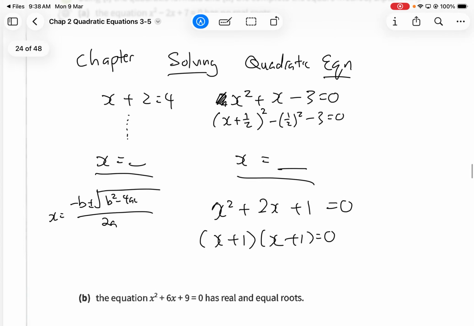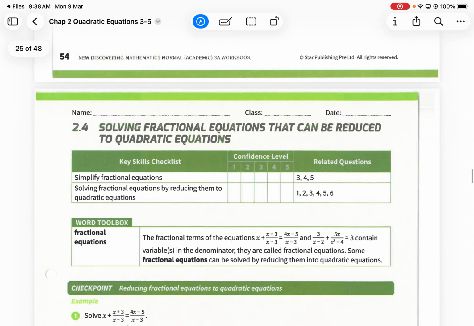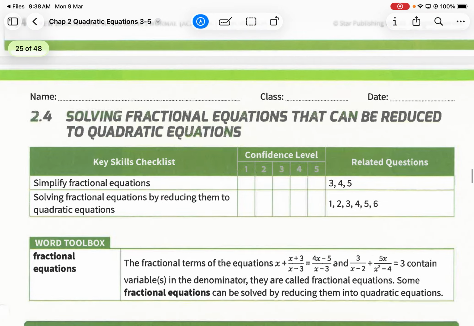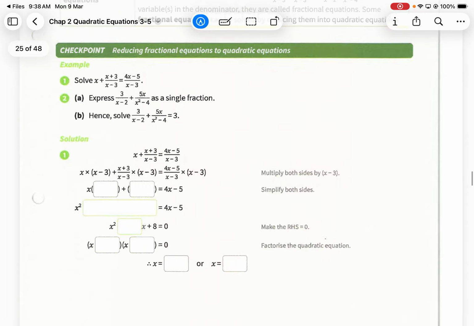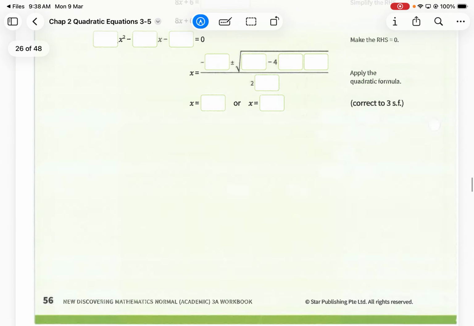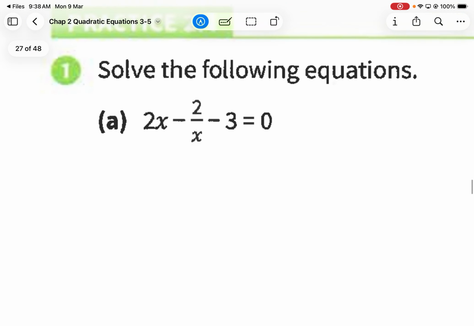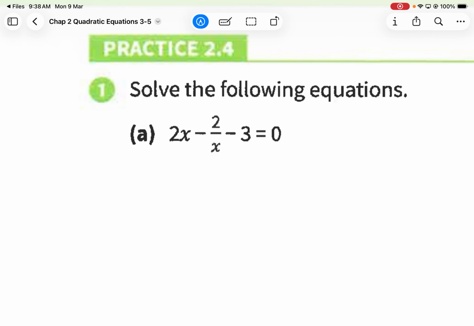Okay? So this is why when we go to 2.4, solving fractional equations, the kind of questions you will face is like that. You don't have your x squared, x and number, but we want to make it look like x squared, x and number.